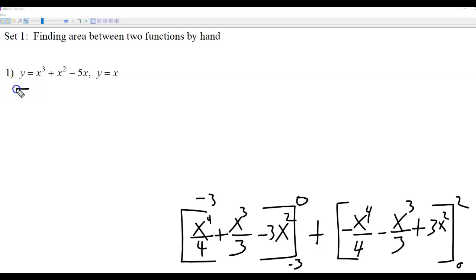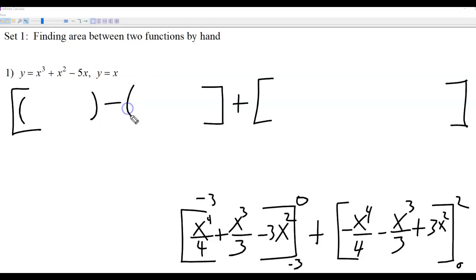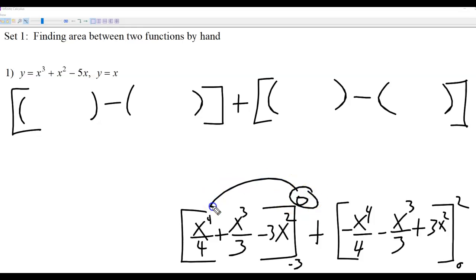So I'm going to enlarge this because you'll see why we need to in a minute. We're going to have 2 sets of parentheses with a minus in between them for each set. And what we're going to be doing is basically plugging in these numbers on the right side of the boxes. So I'm going to be plugging in 0 to all 3 of those.